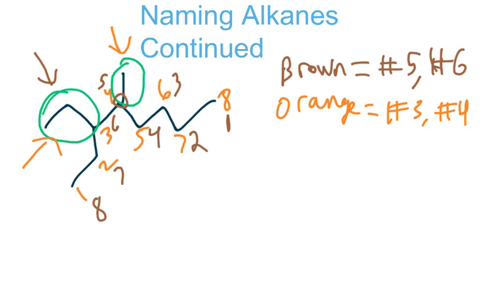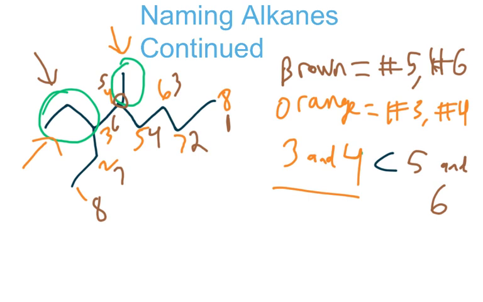So which color do you think contains the smaller numbers? Wouldn't you say that numbers 3 and 4 is less than numbers 5 and 6? Right? To be consistent, we should say 3 and 4 with orange, because that's what we wrote up there. So this statement is true. 3 and 4 is less than 5 and 6.